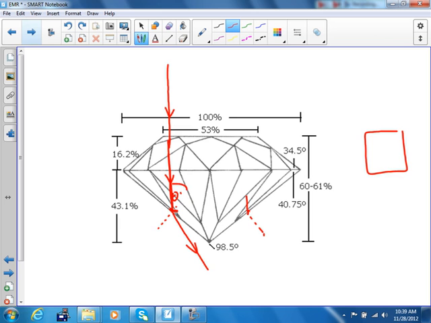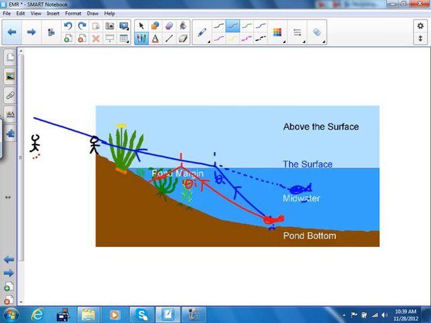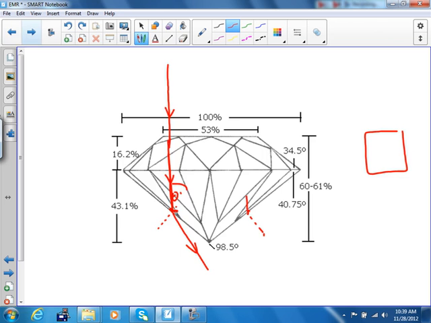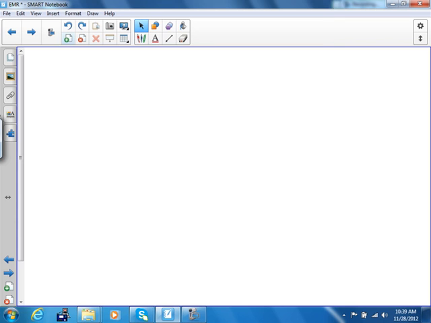Total internal reflection occurs in water. It occurs in diamonds, and that's why diamonds sparkle. It also occurs in something that we call an optical fiber or fiber optics. You guys have heard of fiber optics, right?